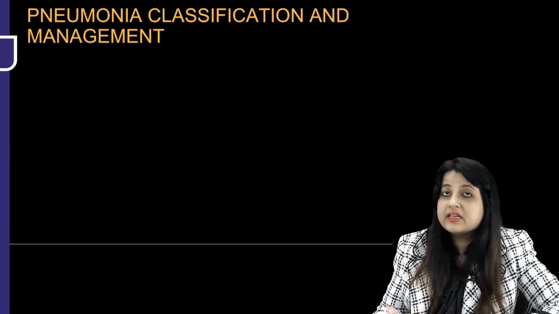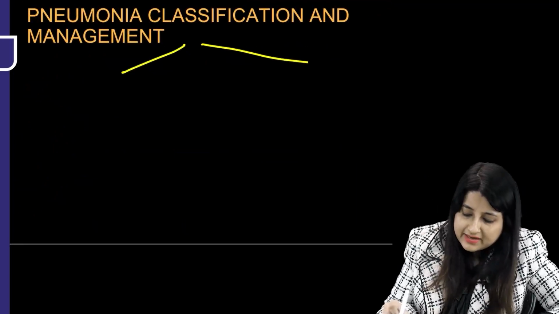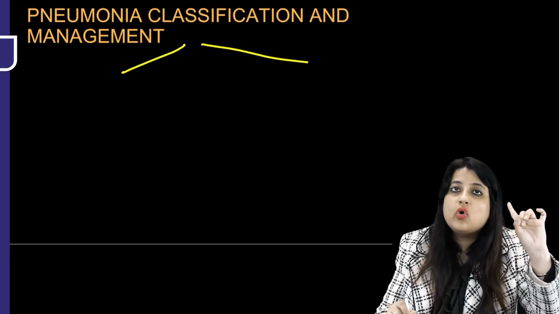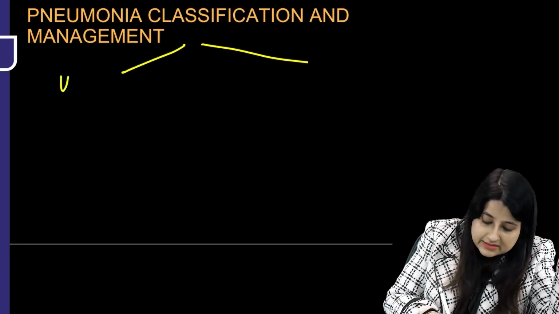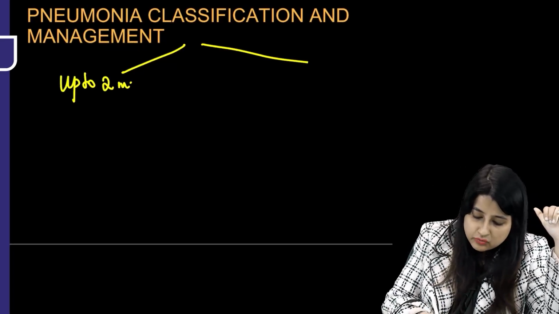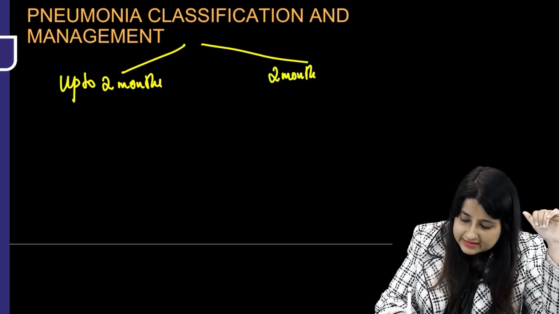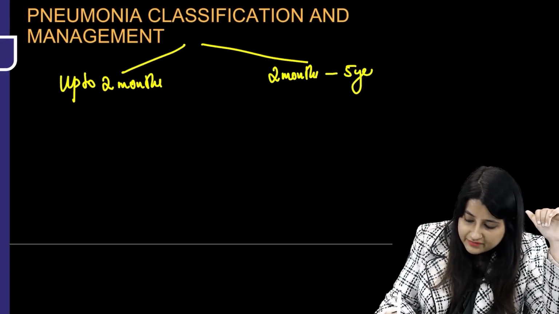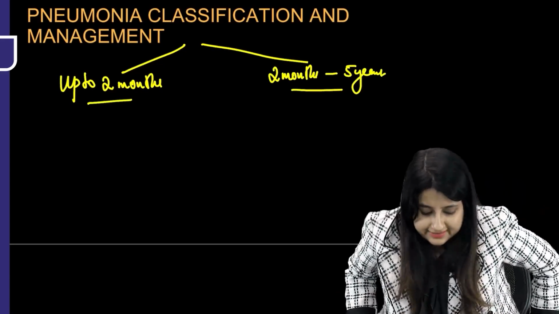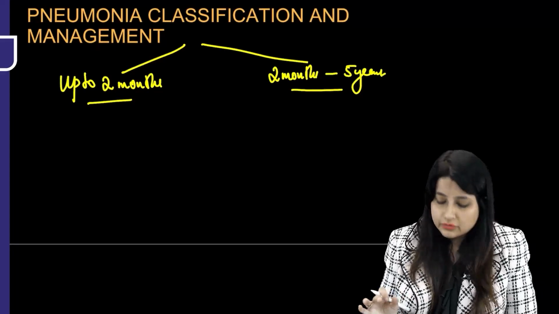Here is the explanation. Pneumonia classification and management is very important. Whenever you get a question on ARI management, you first have to see the age of the child, because the classification is divided into two: is the child up to 2 months, or between 2 months and 5 years?